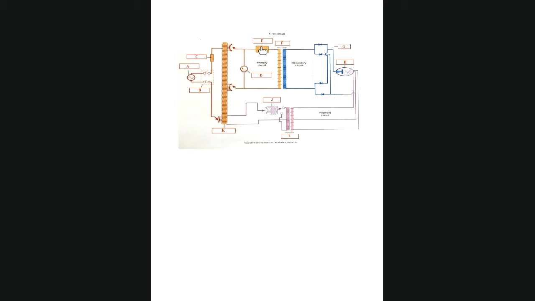And this at E, I don't think I even bother talking about this. This is our timer circuit up here. So that's where, in our control console, we can adjust the time, depending on what type of timer we have. We have digital or electronic timers, which are most common now. They're the best.